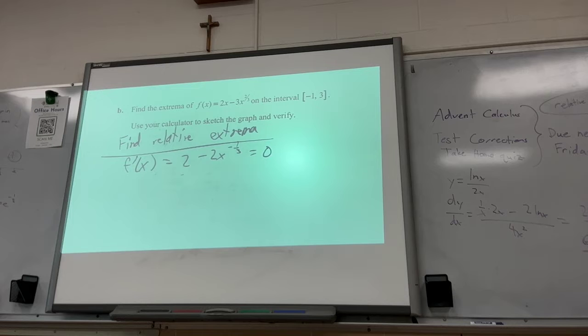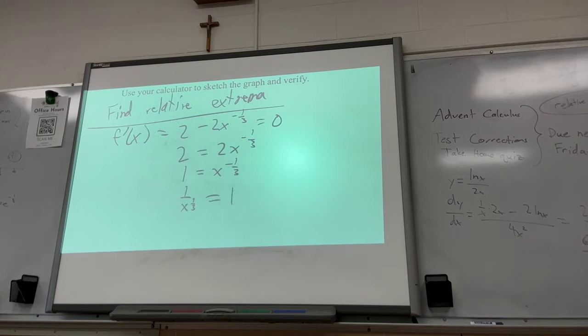0. So we want everywhere where 2 equals 2x to the negative 1/3, or 1 equals x to the negative 1/3, or 1 over the cube root of x equals 1. No, just the cube root of x equals 1. Wait, I'm so confused. It's going to be wherever the cube root of x equals 1.